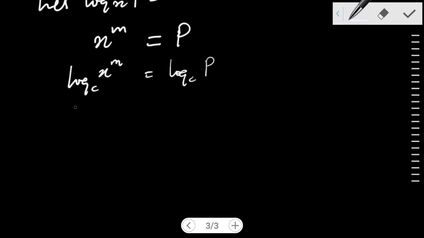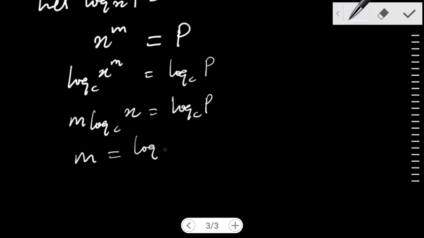So out of that, I'm going to say m log of c x would be equal to log of c p. And so I'm going to have m equal to log of c p all over log of c x.